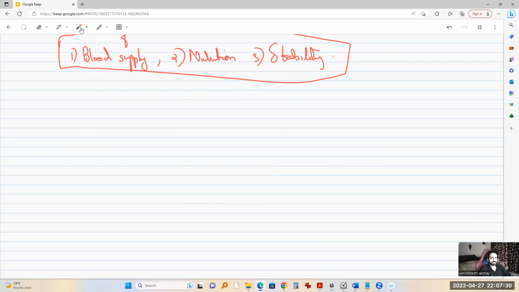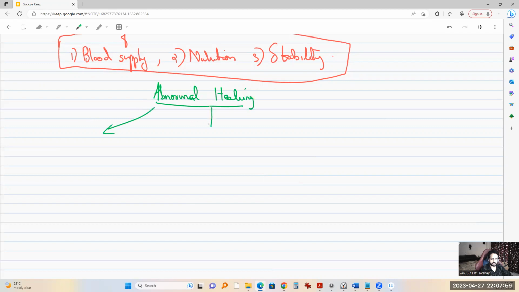So if the bone does not heal properly, there are a few things that you need to know. It comes under abnormal healing, and in abnormal healing you have to remember three terminologies.